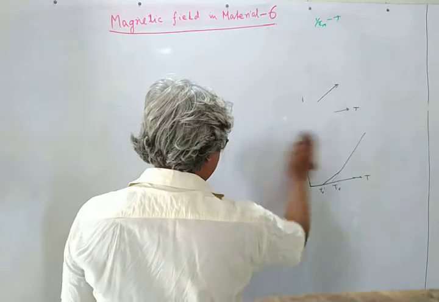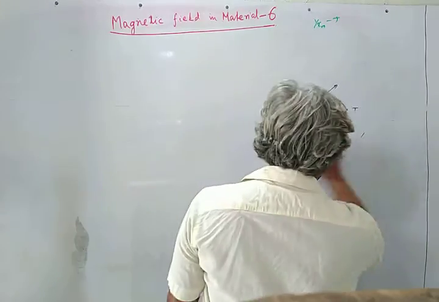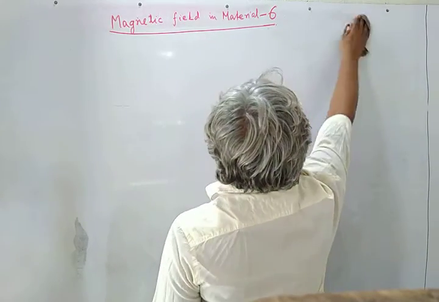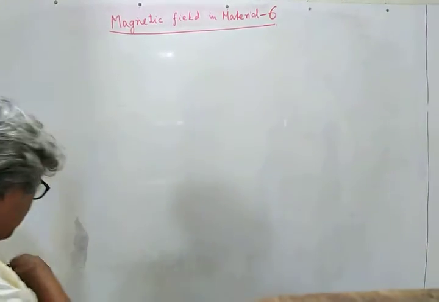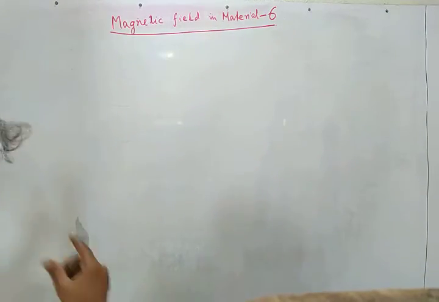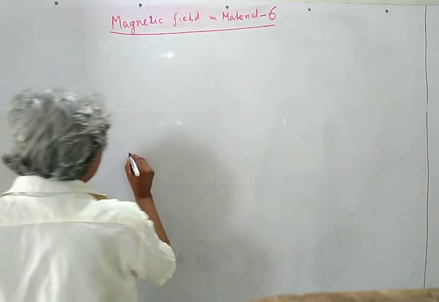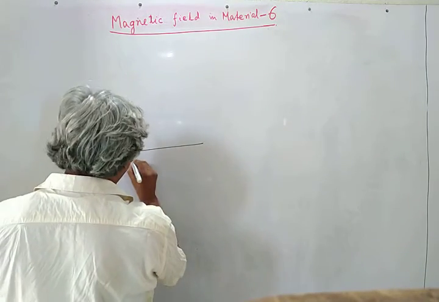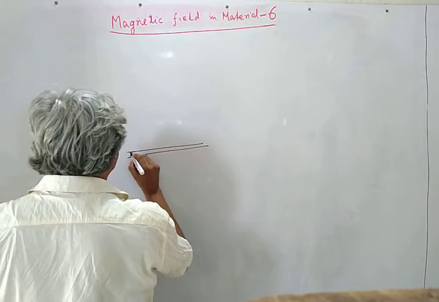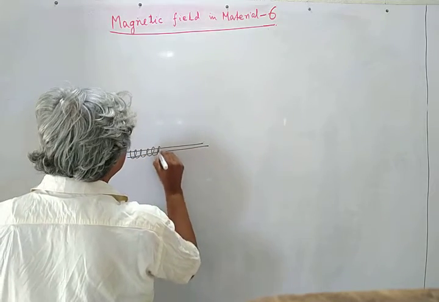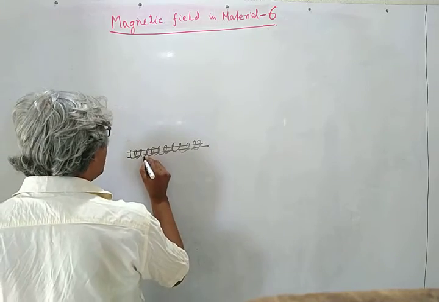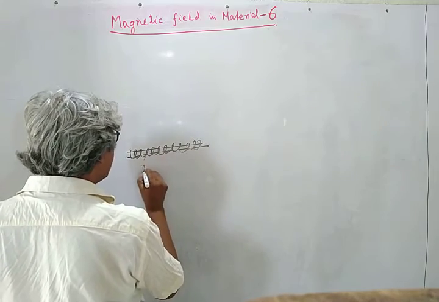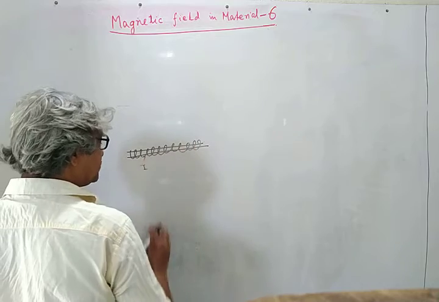Consider a ferromagnetic material. I am taking the example of a ferromagnet because they are most popular. So we consider a ferromagnetic material, say a material in the form of a long rod, and we wrap wire around it. So a steady current I flows. So this behaves as a solenoid.